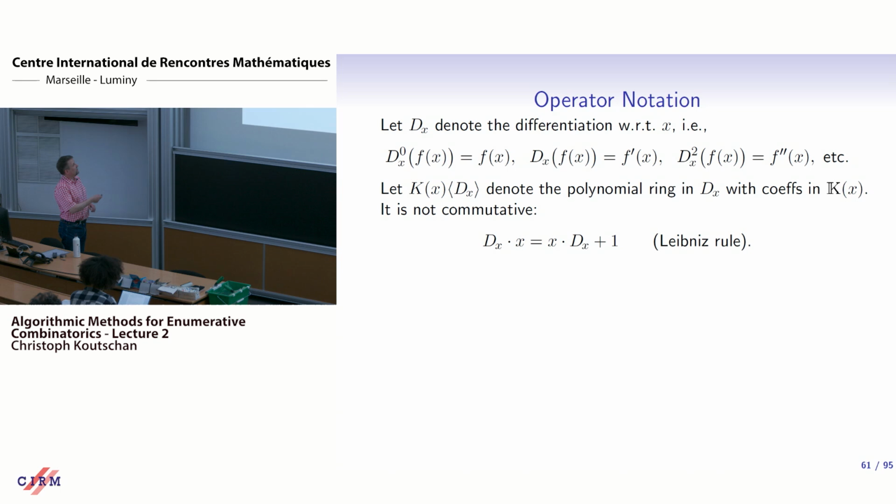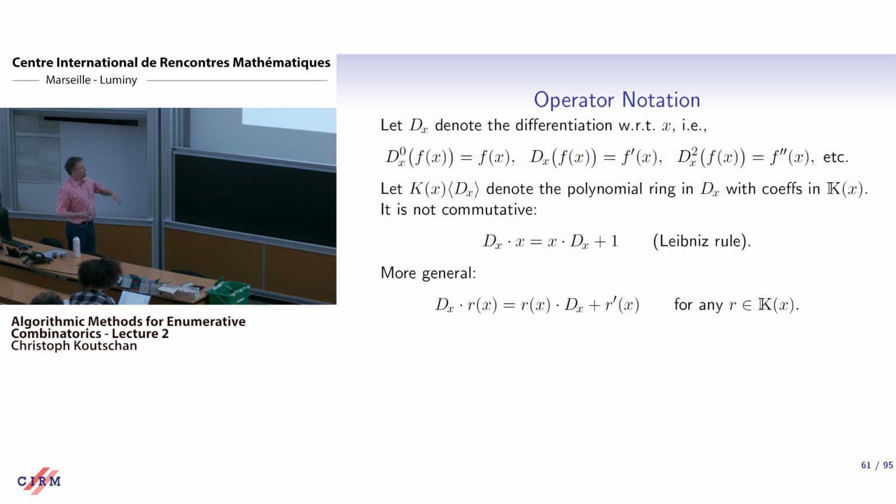Okay, and I use the angle brackets because this is a non-commutative ring, as you see from the Leibniz rule. So if you have the product dx times x and you want to switch the order, you have to add 1. According to (x times f)' is x times f' plus f, Leibniz rule.